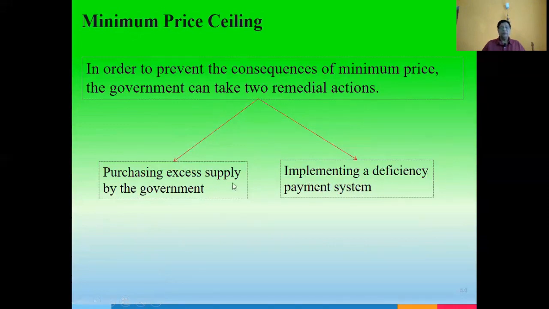There are two methods of policies which can be used to prevent the reduction in market price due to the excess supply of the product. First one, purchasing excess supply by the government. Second one, implementing a deficiency payment system.